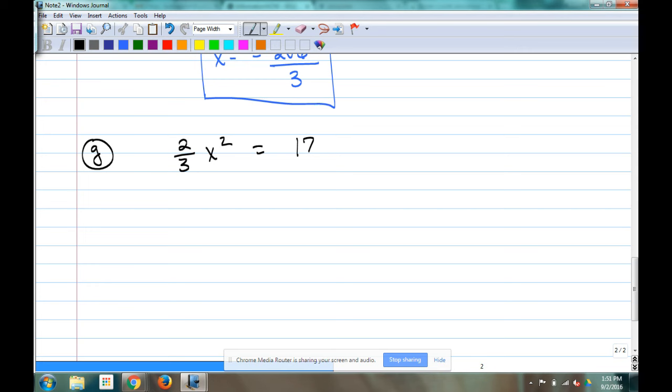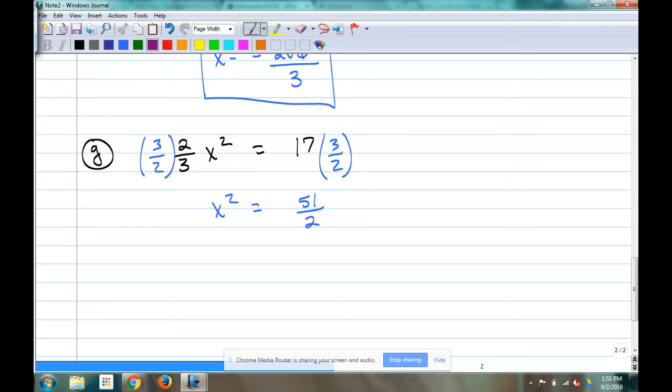Picking numbers. How do we get rid of that 2/3? Multiply by the reciprocal. Yeah, stuff y'all know. That part should be the easy part. Getting that x squared by itself. 3 over 2. X squared is equal to 30 plus 21 be 51 over 2.